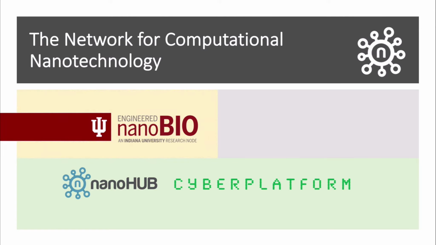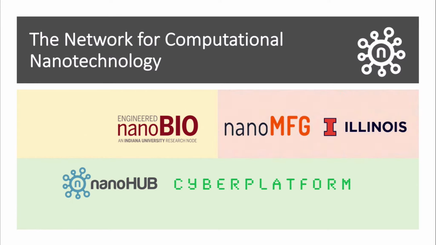The NCN Engineered Nanobio node does research on computational simulations for biological applications and is located at Indiana University. The NCN nanomanufacturing node does research on simulating the steps in nanomanufacturing processes and is located at the University of Illinois at Urbana-Champaign.